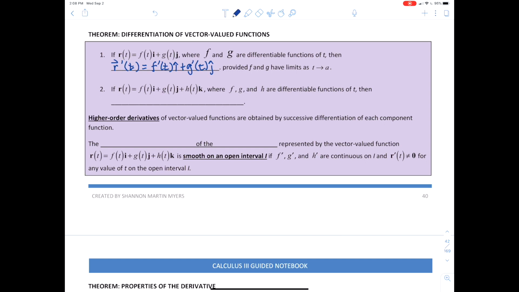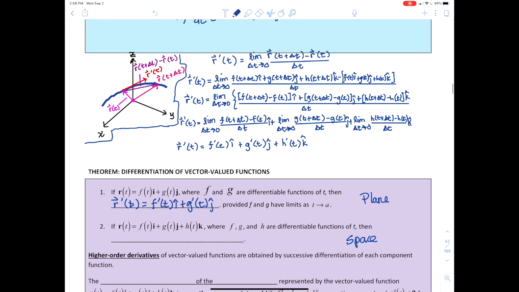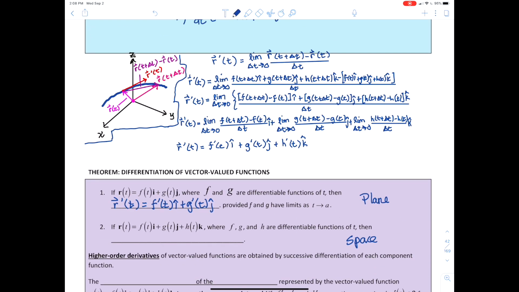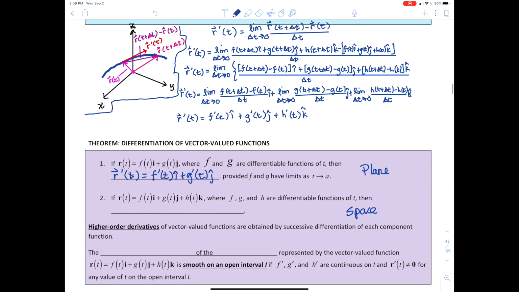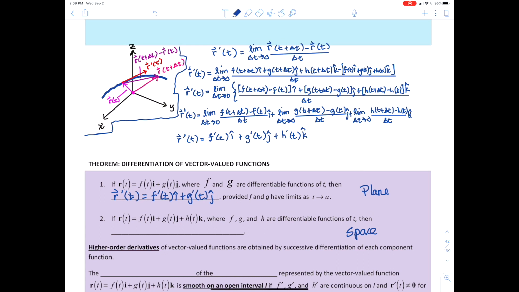That's when we're in the plane. And then this one is for space, and it just extends to k. So this is what we showed up here, right? We used the definition, and the above is the proof for this theorem. Cool? All right.